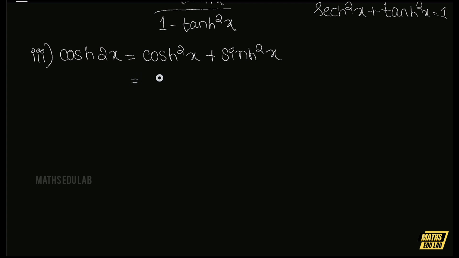Let's solve this one as (cosh x) whole square plus (sinh x) whole square.